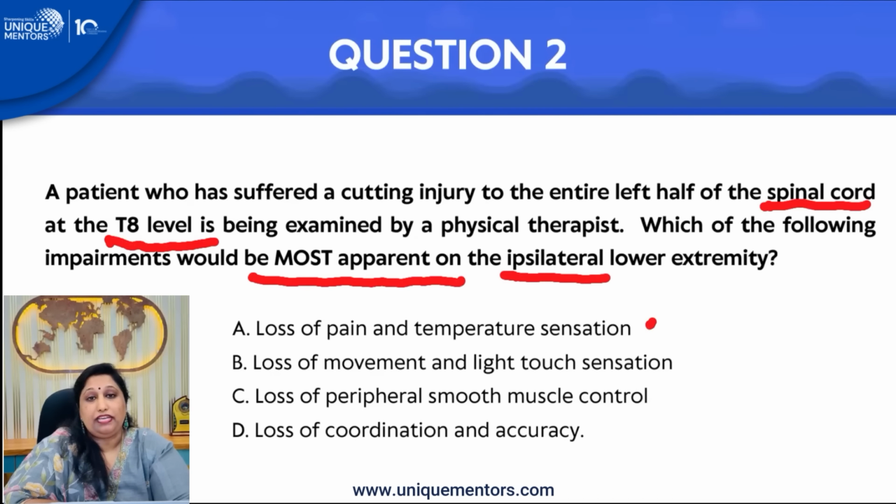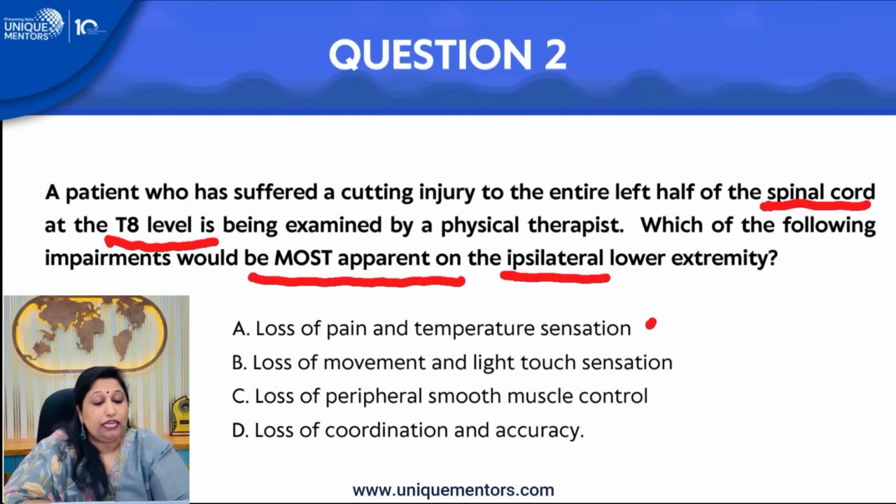Option A is loss of pain and temperature sensation. Pain, temperature sensation, as you know, it is carried by spinothalamic tract. And this spinothalamic tract usually crosses at the spinal level itself. So once it is starting, immediately it is crossing. So when you have a cut on one side of the spinal cord, definitely the contralateral side spinothalamic tract will be cut.